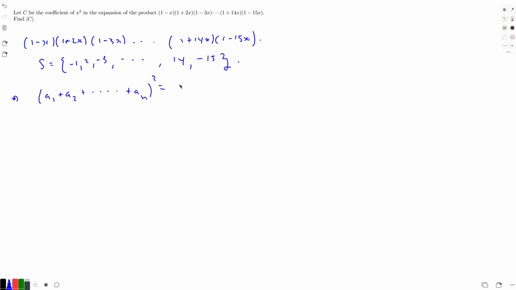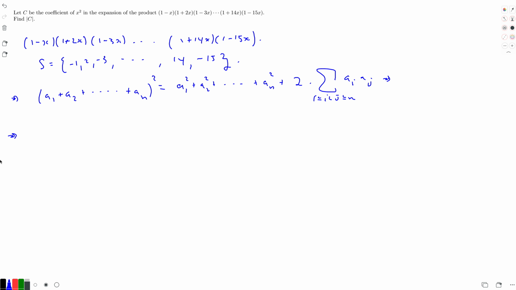This is just all the a sub i squared, plus 2 times, and then we can write this more compactly as a summation over i less than j less than or equal to n of a sub i, a sub j. And this is basically just a generalization of this factorization.